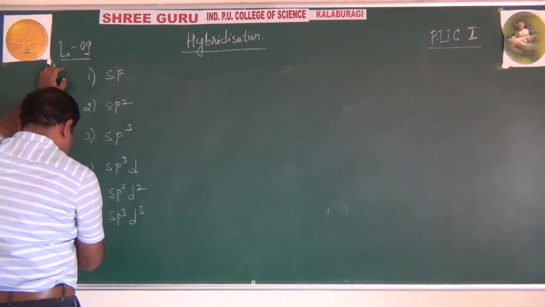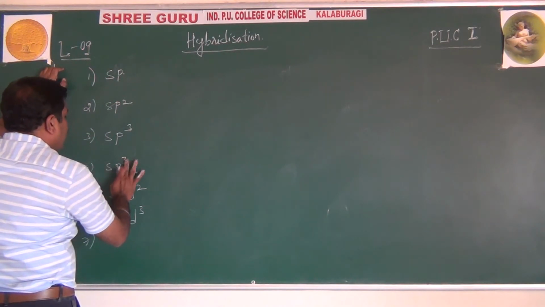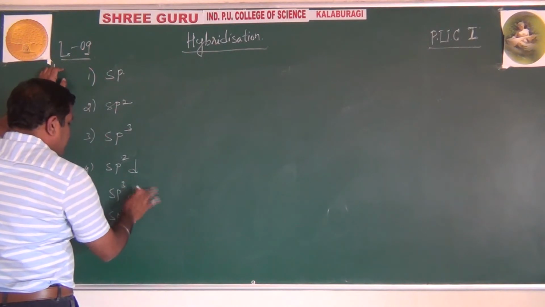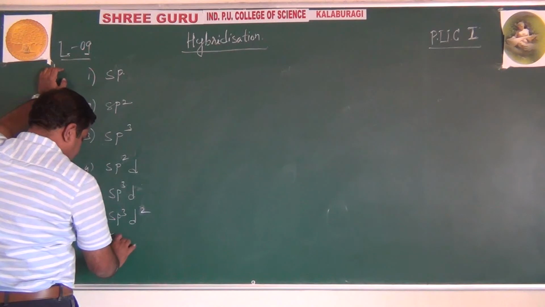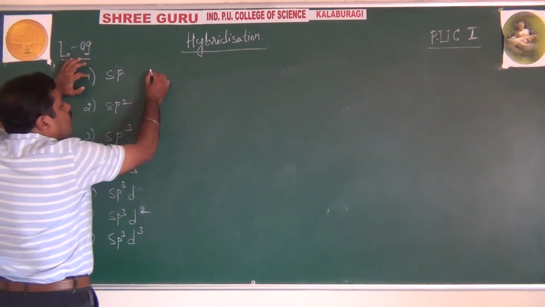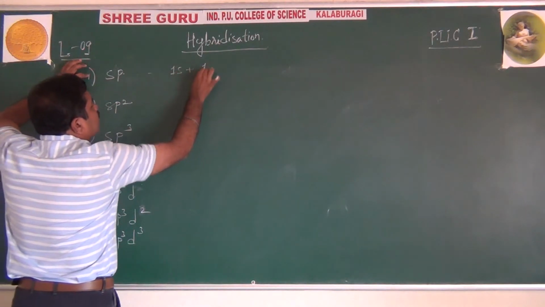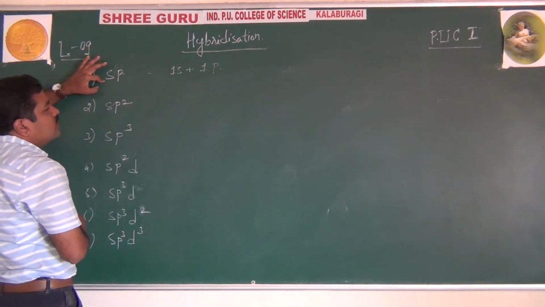And last one, sometimes that is here only we can go, sp2d, sp3d, sp3d2 and sp3d3. See here, combination of 1s and 1p only, 1s and 1p only, right?